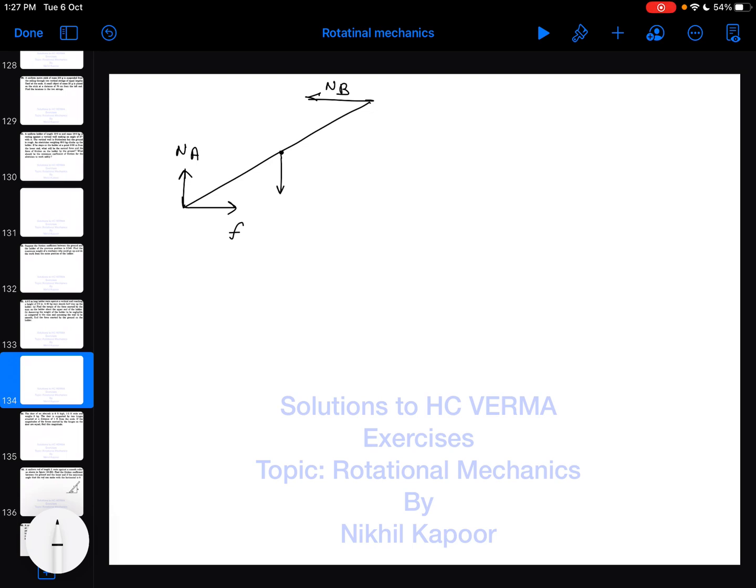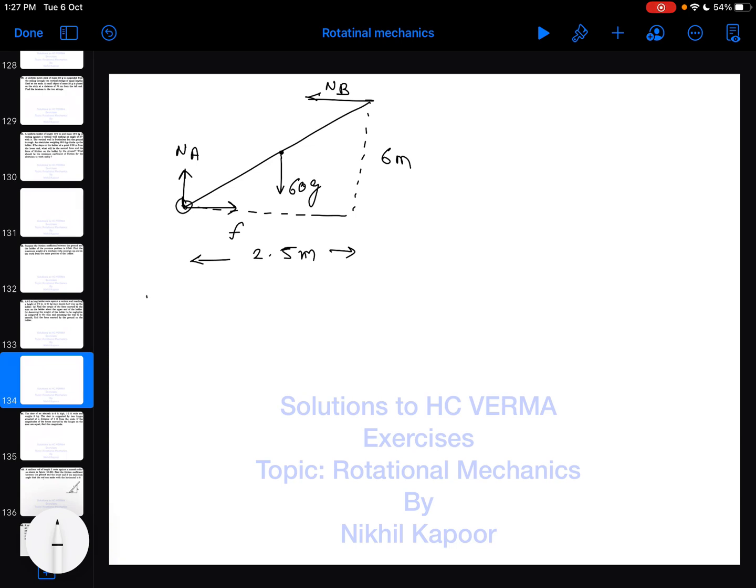Instead of angles, the dimensions are given to us. The rod is 6.5 meter, this is 6 meter, and this is 2.5 meter. The weight is 60 kg, so this is 60 into g.